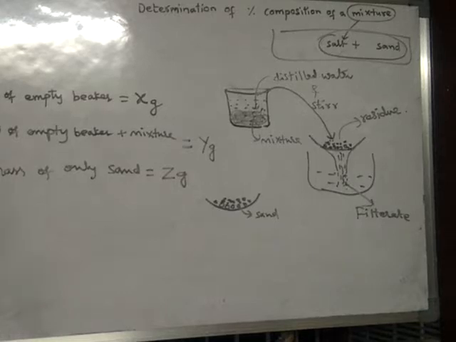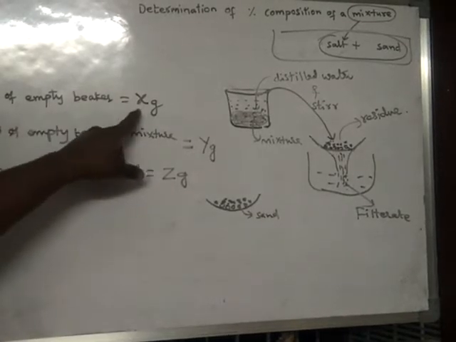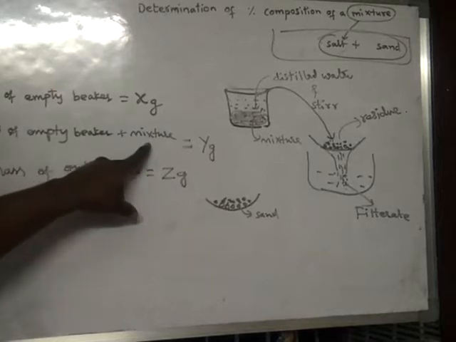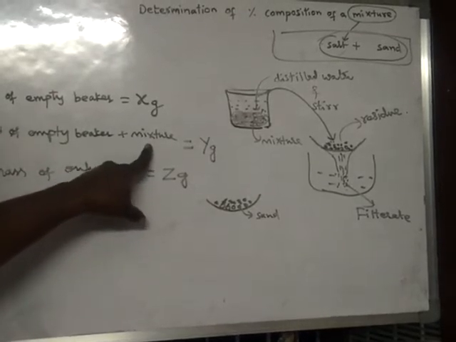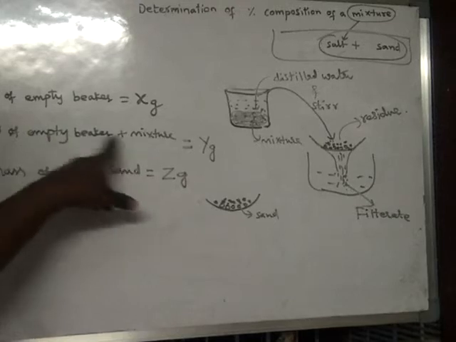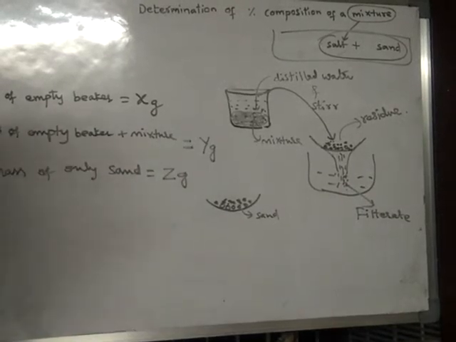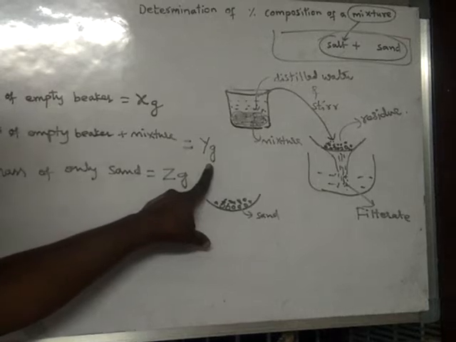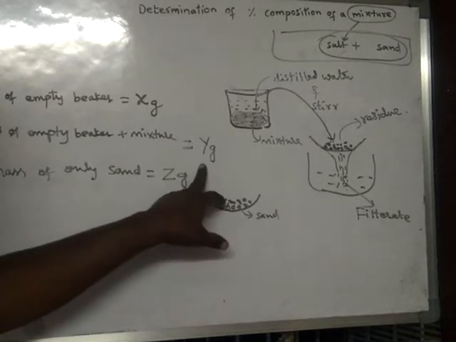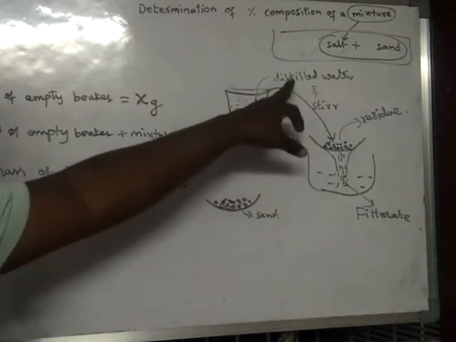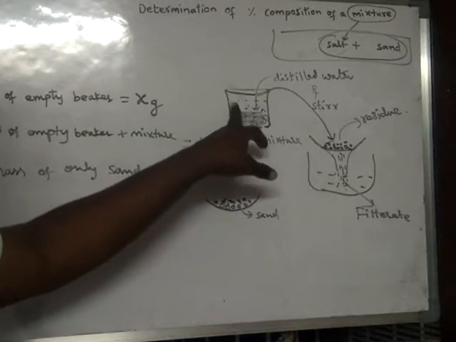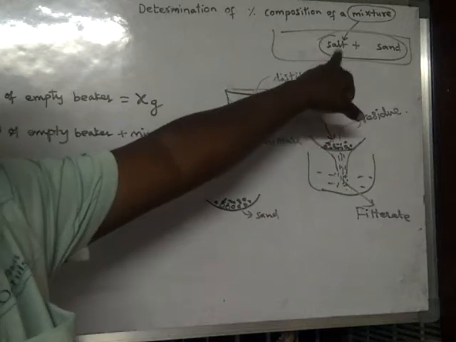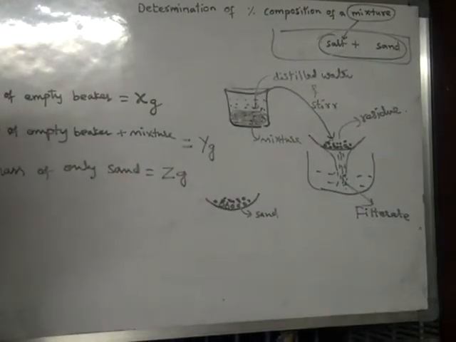Initially we weighed the empty beaker and noted it as x grams, then poured the mixture into that empty beaker and reweighed it along with the mixture and found it to be y grams. Then pour distilled water into this to make a solution; only the salt will dissolve, and sand does not dissolve in it.